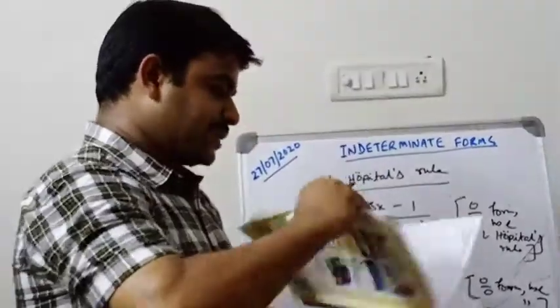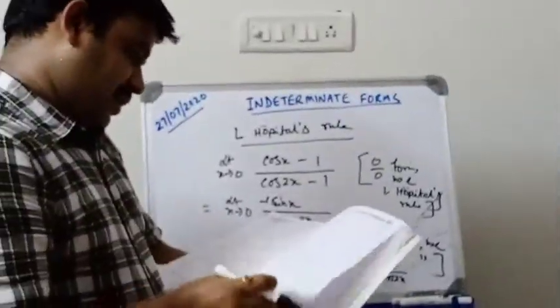Okay. Now move on to the next prototype, that is infinity by infinity type.